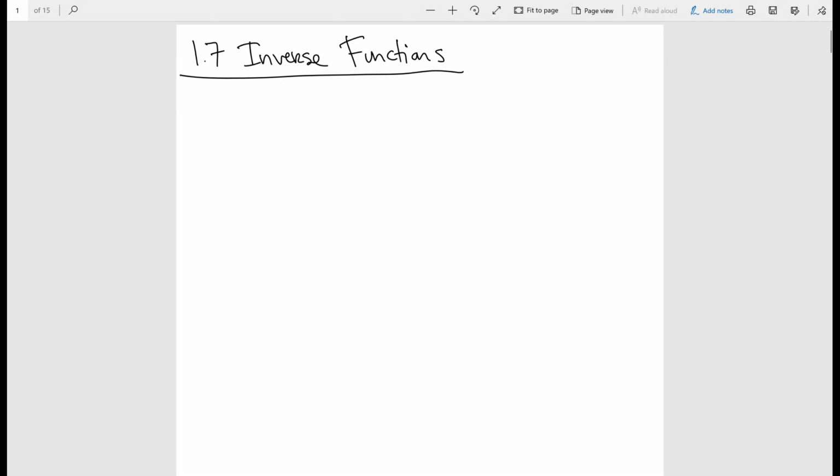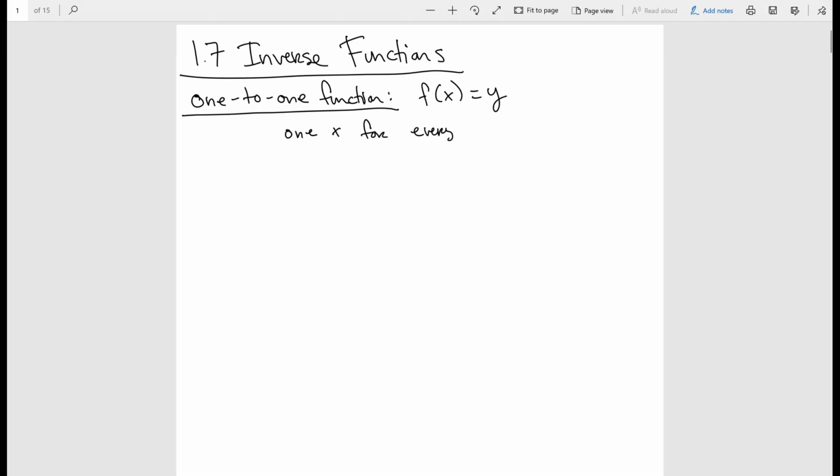So first thing that you want to know is what exactly is a one-to-one function. A one-to-one function basically is that for every y, well, we know that f of x equals y. That's what we know, right? And what we want to know in this case is that there's only one x for every y.